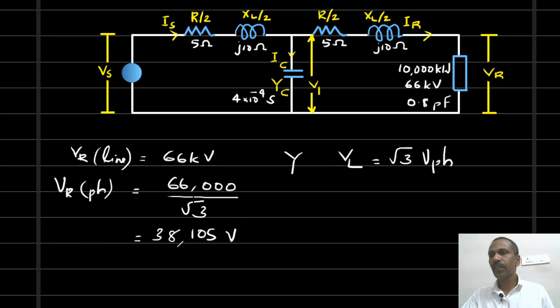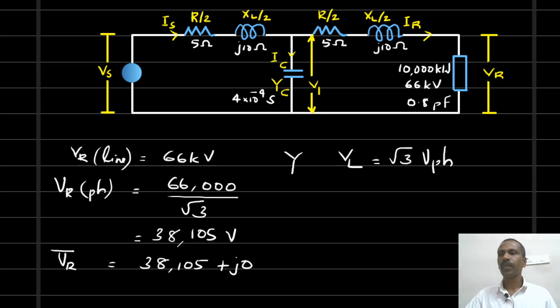This is the phase voltage at the receiving end. It is the magnitude, and in the vector form, as this is the reference vector, we can write this as 38,105 plus J0. We have to write all parameters in the vector form, in the A plus JB form, or in the R theta form.